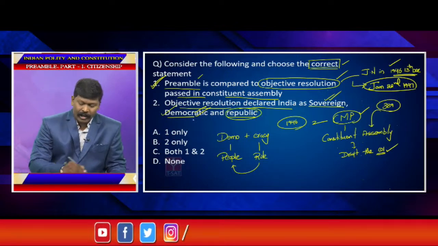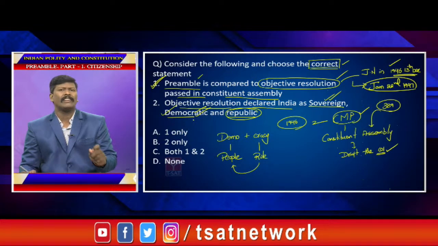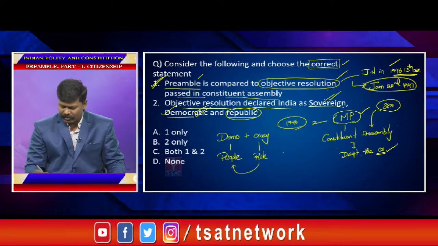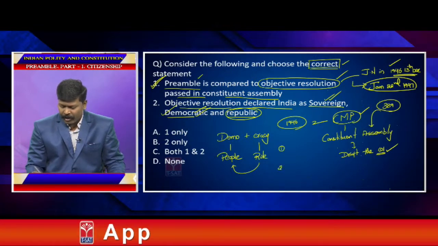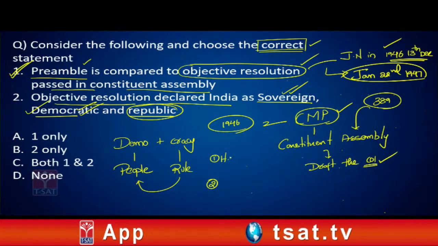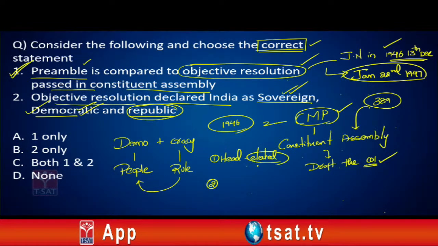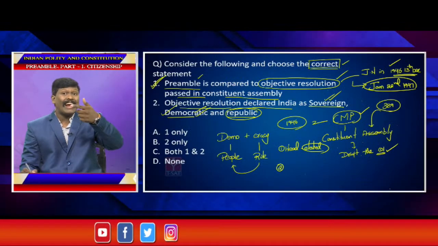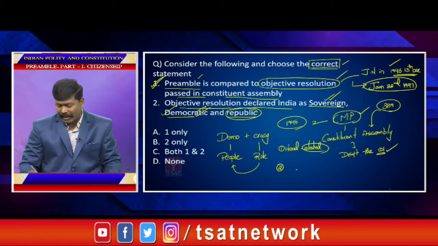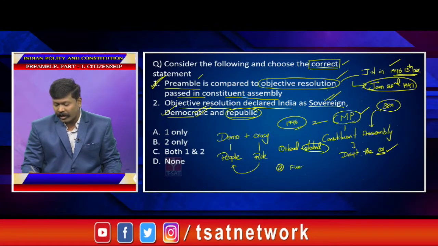And the last one is republic. India is a republic nation. It has two meanings, friends. Republic means the head of the country is elected, not hereditary. He is an elected representative. Secondly, he has a fixed tenure.